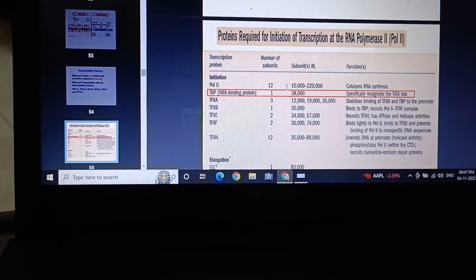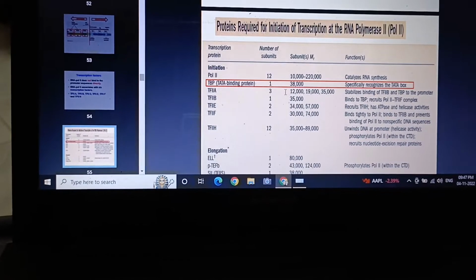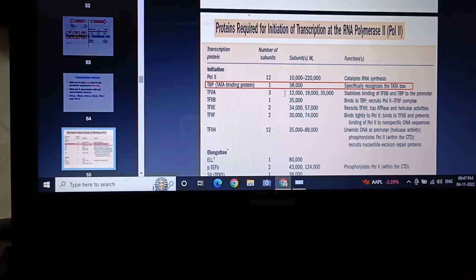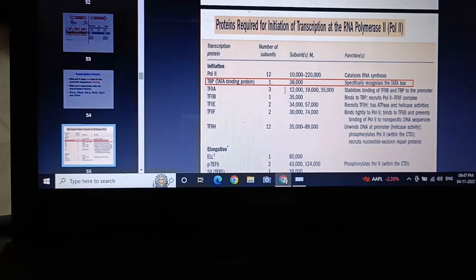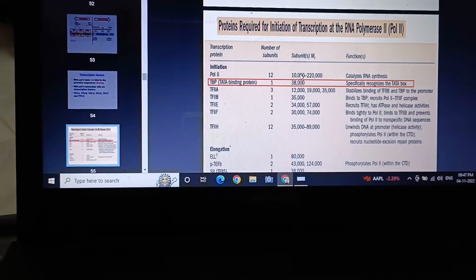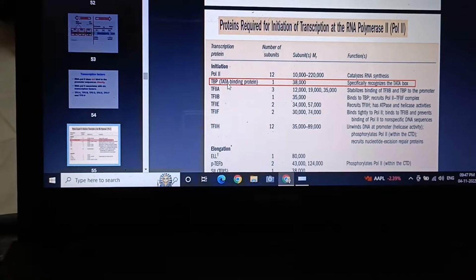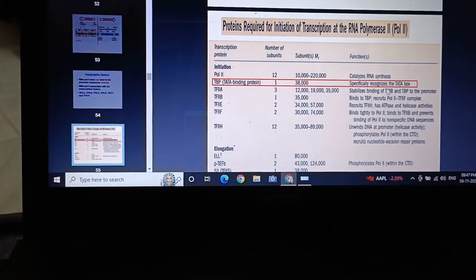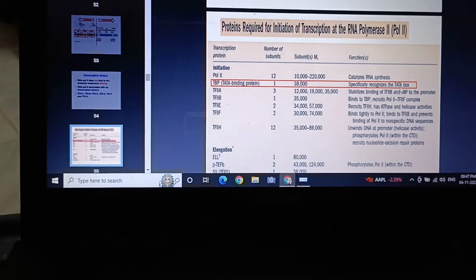Proteins required for initiation of transcription at the RNA polymerase. So what are the proteins needed for initiating transcription? RNA polymerase 2, which has 12 subunits, and then TBP, the TATA box binding protein, which will specifically recognize the TATA box.